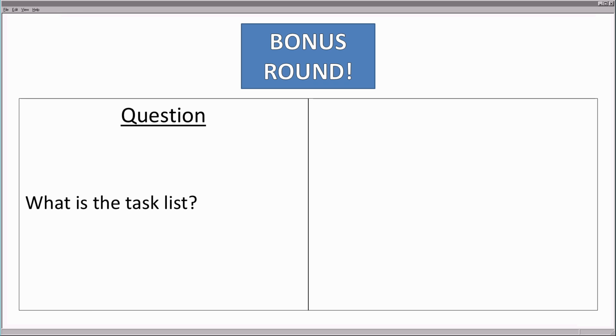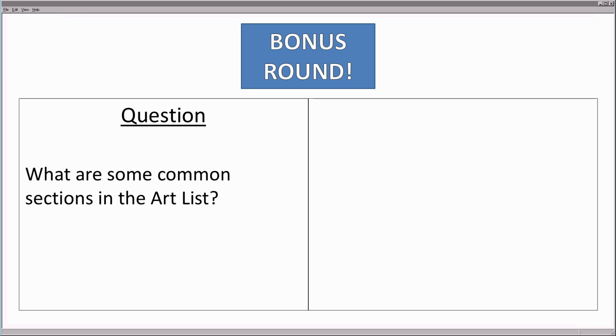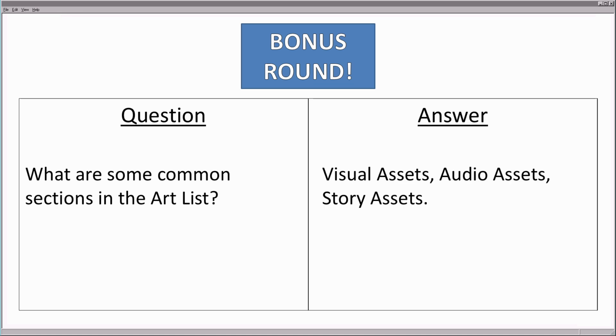Now it's time for a bonus round. What is the task list? The programming task list is a detailed list of necessary programming assignments needed to create the game. What are the common sections in the art list? Visual assets, audio assets, and story assets.